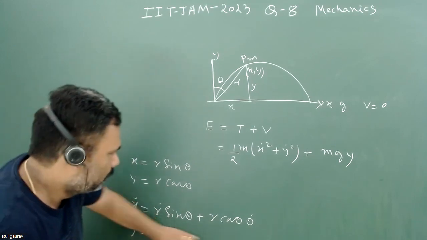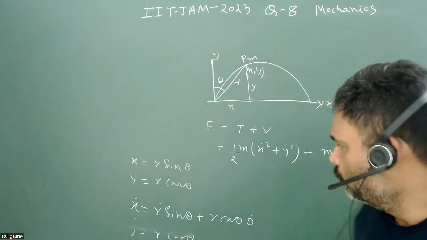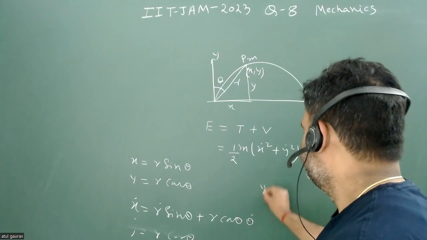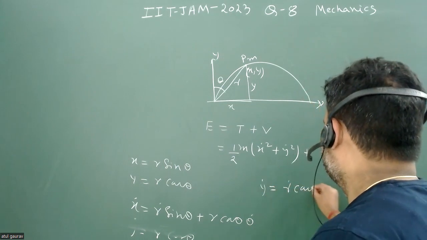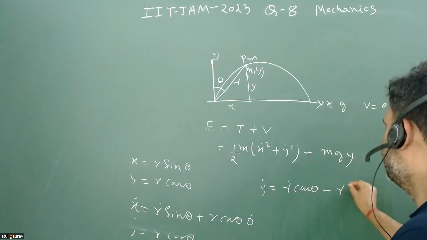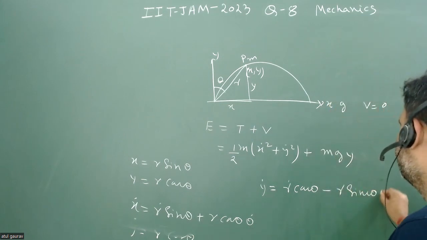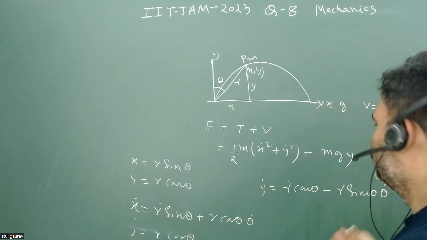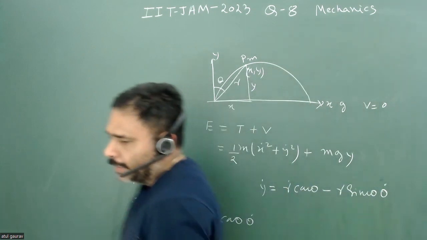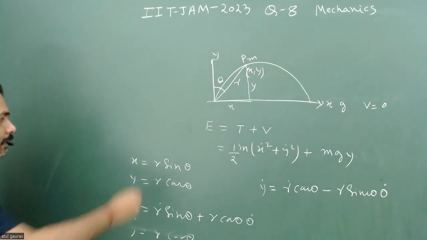So y dot is equal to r dot cos theta minus r sin theta theta dot. And once we go for x dot square plus y dot square, then I can get the total energy of the system.